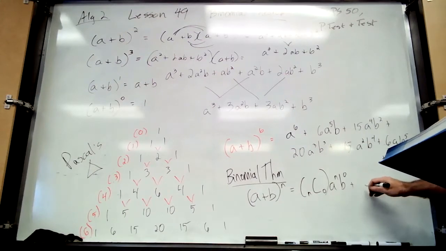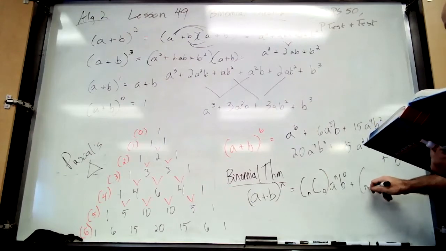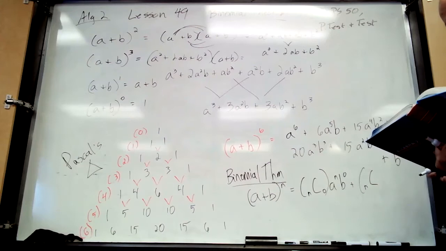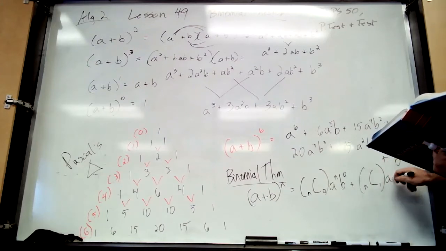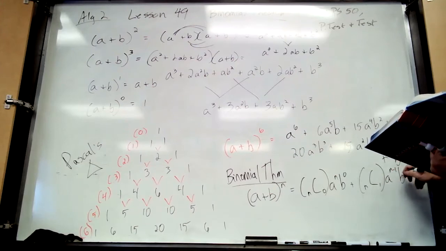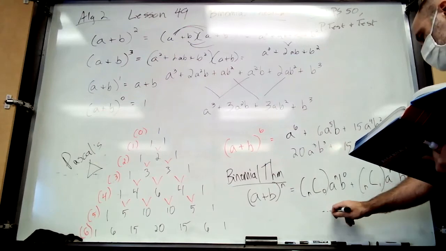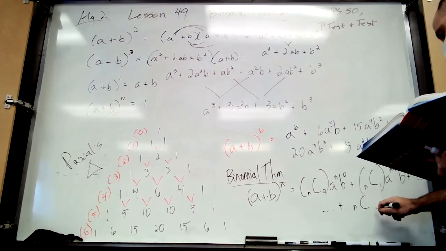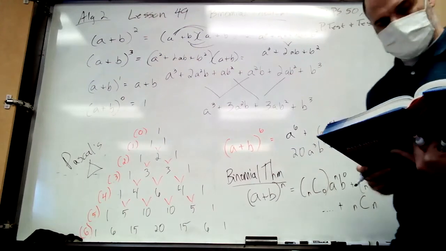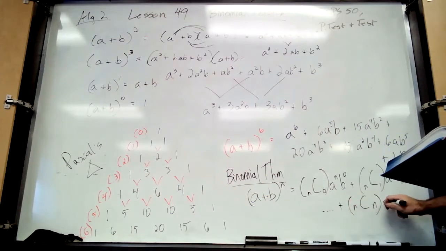So the next one is going to be still out of n possibilities, choosing 1, and then a to the n minus 1, b to the 1. Then it's going to go all the way to the last term, which is picking n out of n objects, and then a to the 0, b to the n.